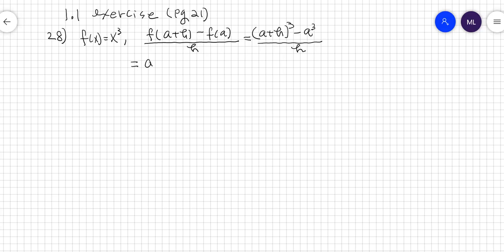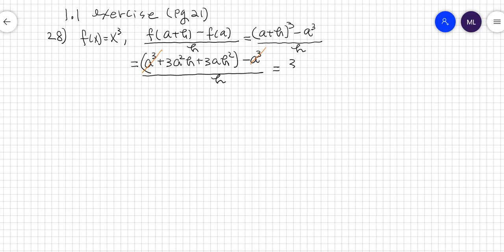That will be a cubed plus 3a squared h plus 3ah squared. Subtract a cubed, divide by h. So looks like a cubed gets canceled.